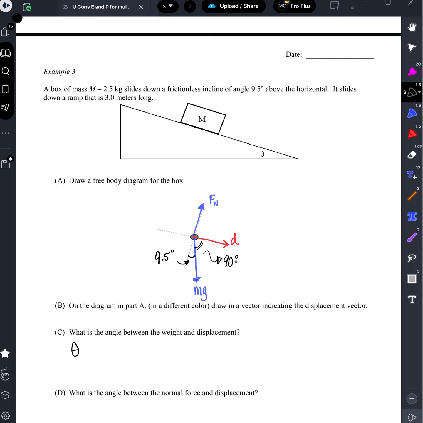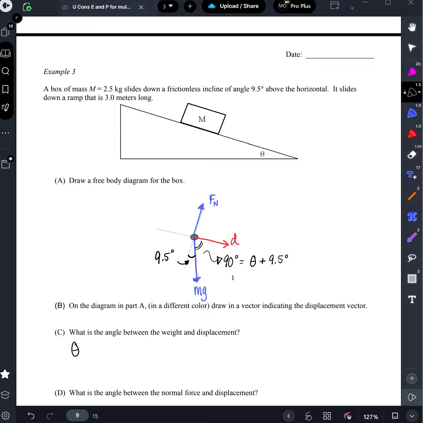This 90-degree angle is going to be equal to the theta in between the displacement and the force of gravity, added to the 9.5 degrees that is the angle of inclination, meaning that theta is going to be 90 minus 9.5, making it 80.5 degrees.